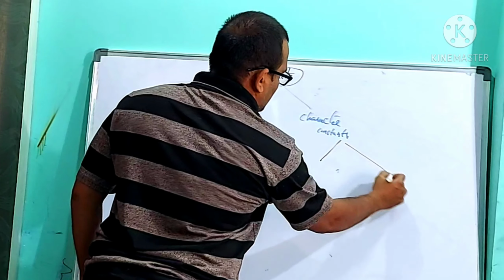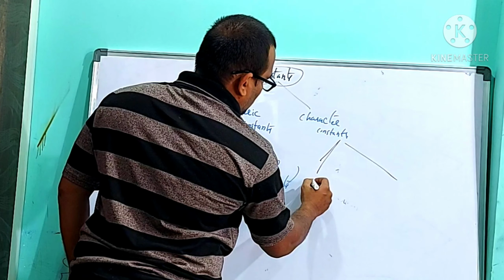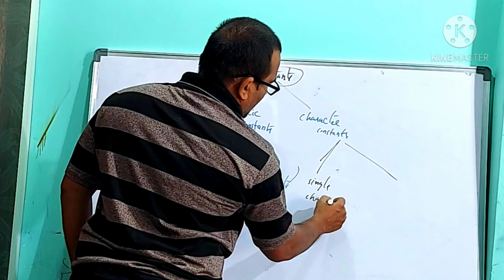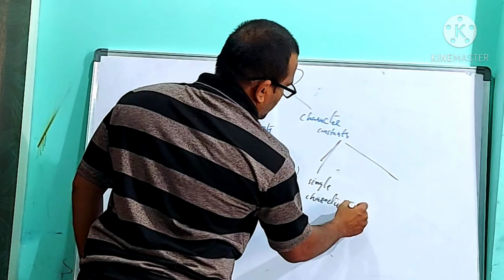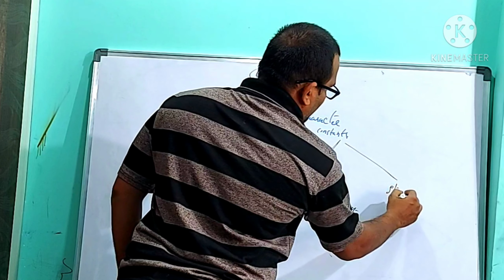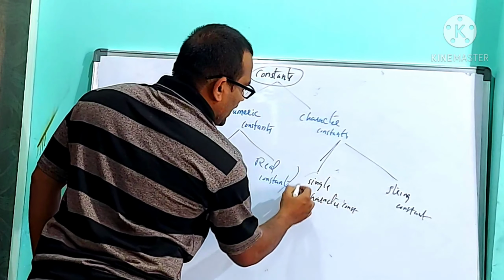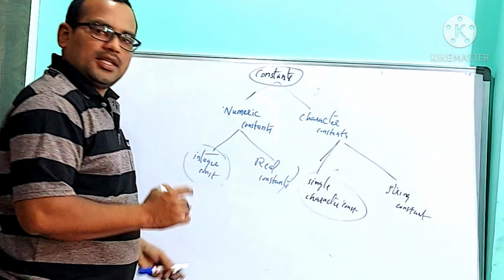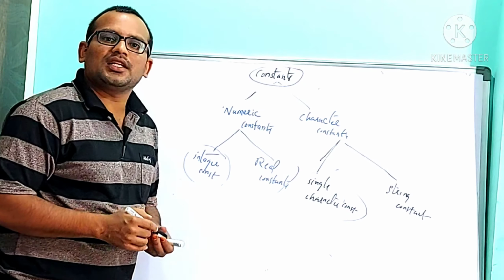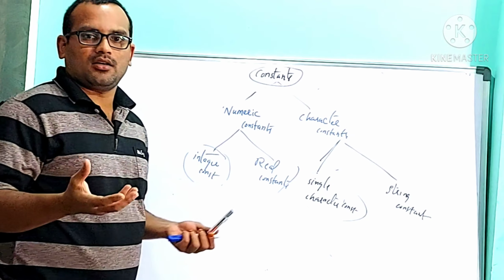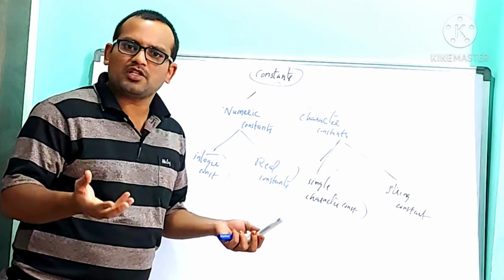So next one is character constants. Character constants are classified into two types. First is the single character constant, and second one is the string constant. Single character constant means a single character within single quotation. Character means what?